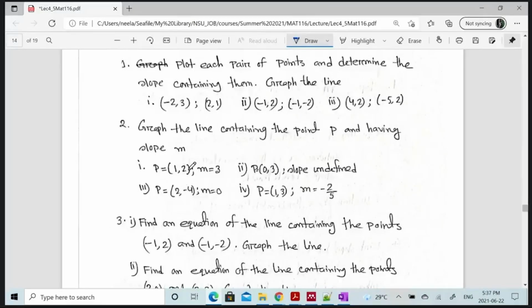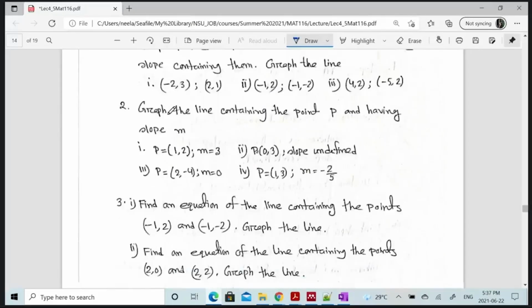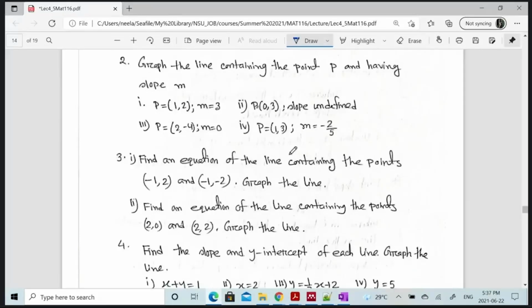Remember, when you get a point and we also know the slope, we can find the equation of the line. And whenever you get it, you just draw the graph of it. Then find the equation of the line containing the points. You are given 2 points, and you have to find the equation of the line. From here you find the slope and then you just use this equation.